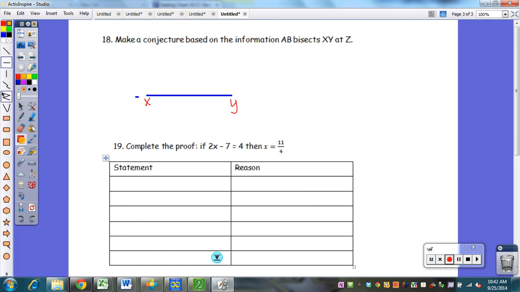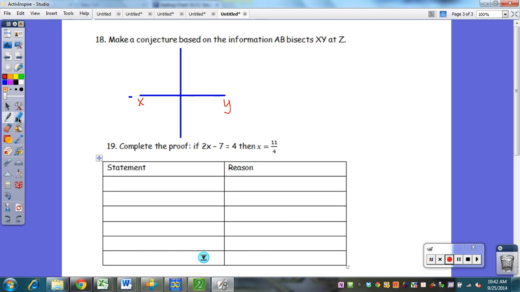And then we're being told that we have a line AB that intersects it at point Z, or bisects it. I'm sorry, bisects it. So if AB bisects XY, then it cuts it into two equal parts. So then the conjecture is that XZ would be congruent to YZ.